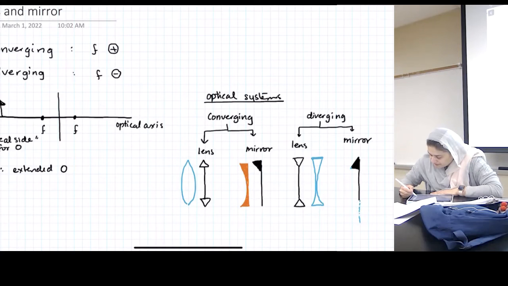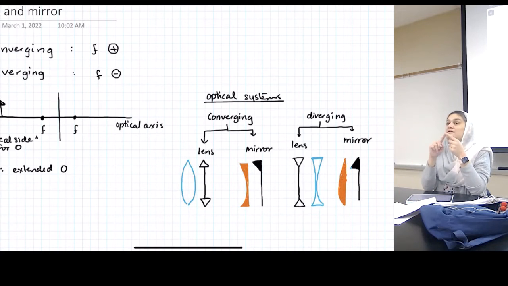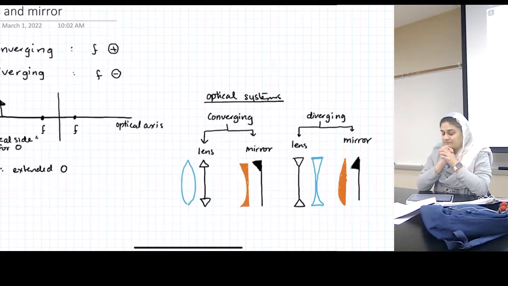I should redraw this again. So this is why I don't generally think of them as concave and convex. I tend to think of everything as either converging or diverging. But you should know what shapes they look like.